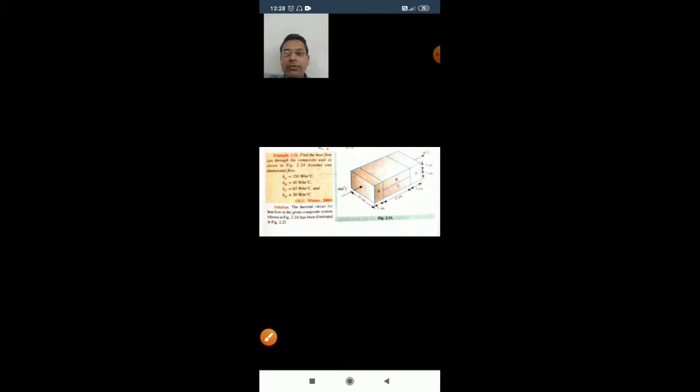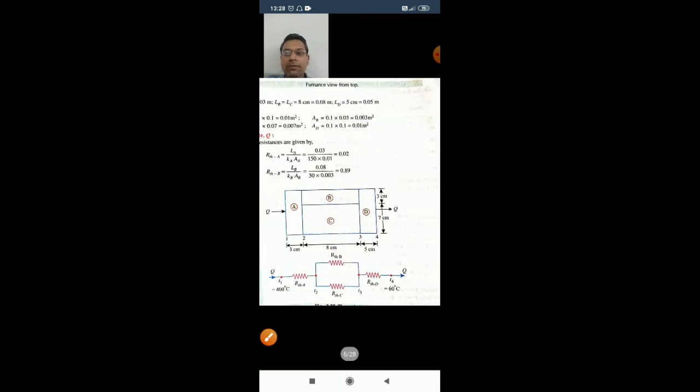So coming to the solution part, this is the data provided to you: length of A is 3 centimeter, B and C are common, that is they have the same thickness of 8 centimeter, and LD, that is the thickness of D, is 5 centimeter, all converted into standard dimension.